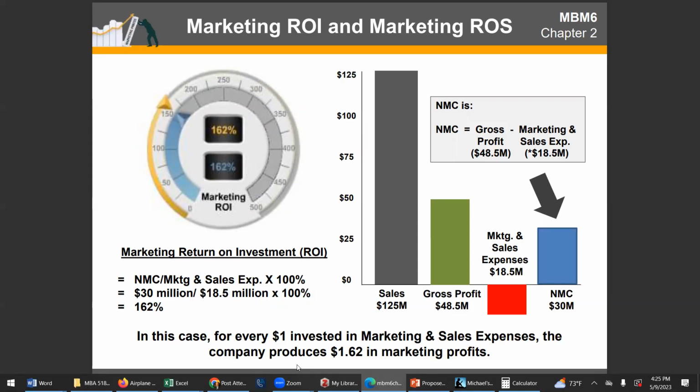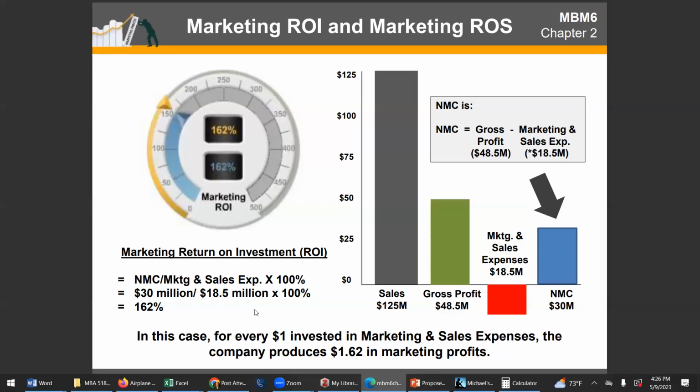Again, we'd have to look at it within the context of the industry, in context to historical performance, and in context with competitors' marketing return on investment. But if we look at this through the triple bottom line and the Christian lens, if we go to the parable of the talents, what did the owner do? The owner gave the servant money, and the good servants took that money, invested it, and gave more back to the owner.